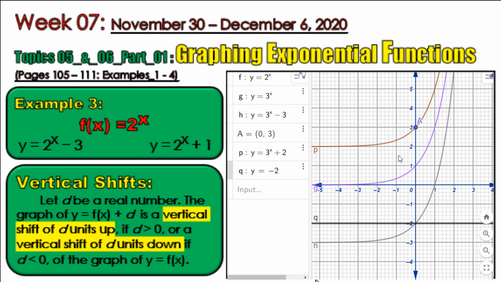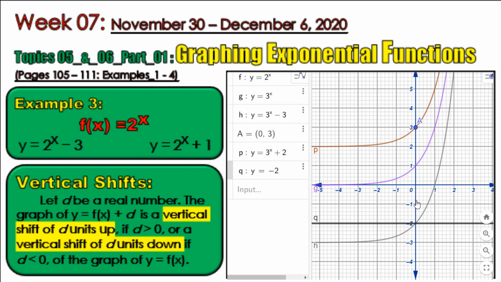So we have 1, 2, 3. So how many shifting below the graph of y is equal to 2 raised to x?